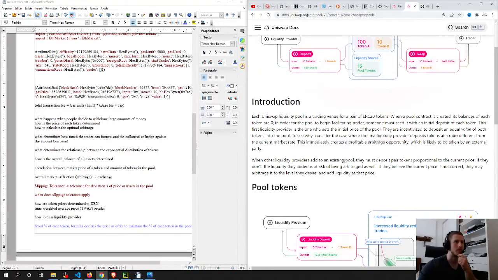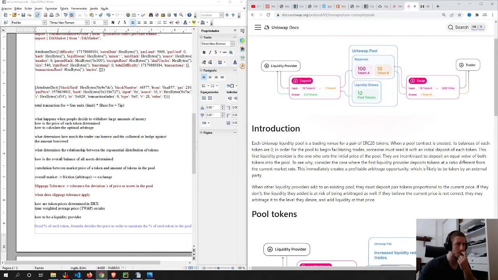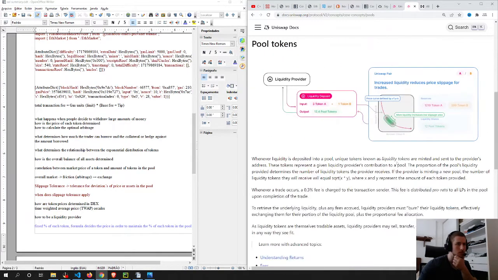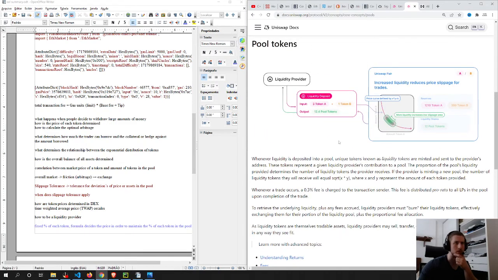But I still don't understand this part where they say that people can arbitrage if you put a different proportion.